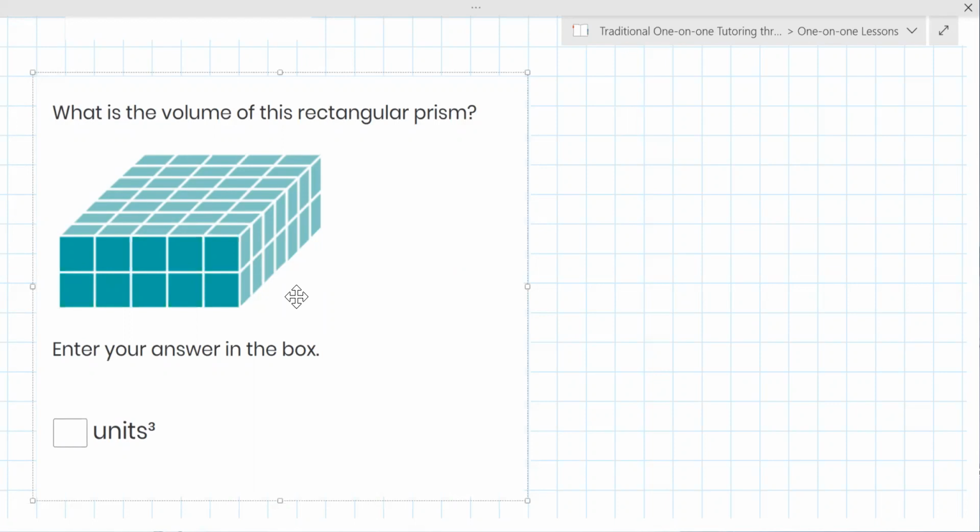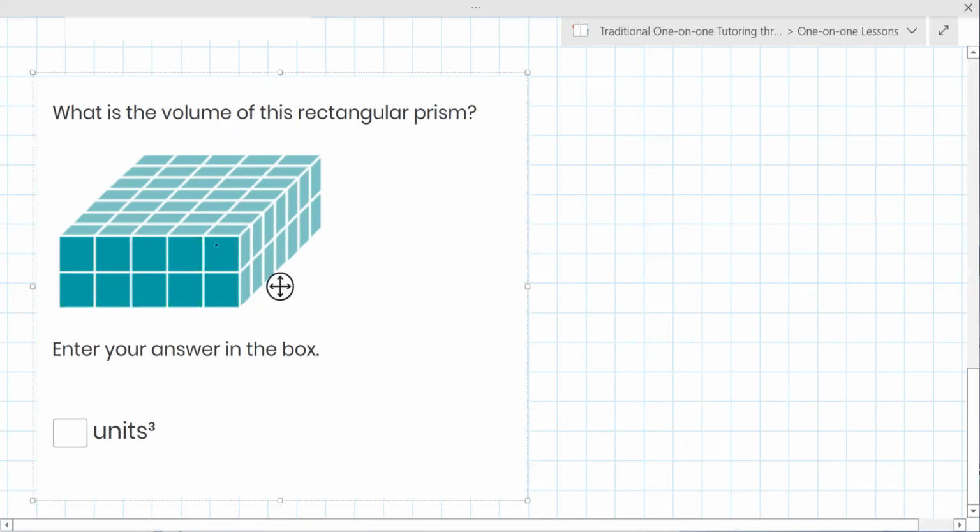Any questions on how to do this? Yes, I still got confused with the back. Yeah, so what I'm looking at is what's on the front. Do you see the front has 1, 2, 3, 4, 5, 6, 7, 8, 9, 10?